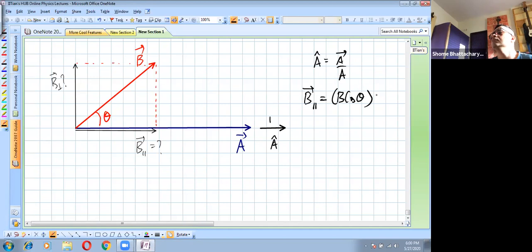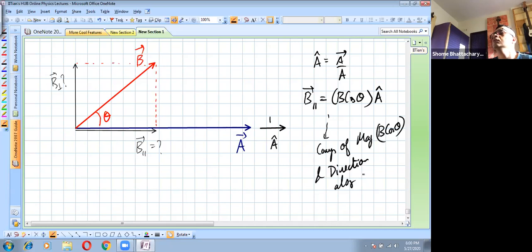But what about its direction? It's along A. So this is the component of magnitude B cos theta and direction along A.